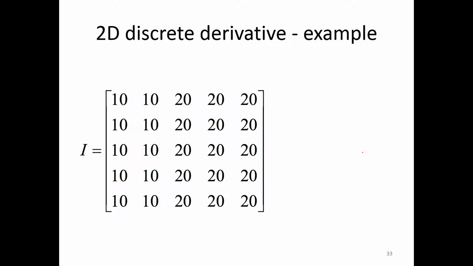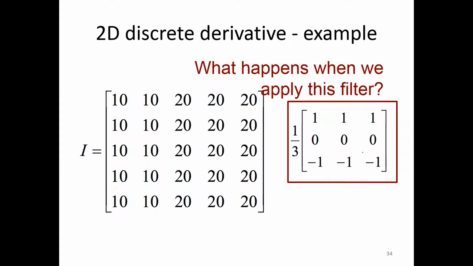And so to give a concrete example here, let's say I have a filter like this. What do I get from this image? Of course, this is a very small image, only 5 by 5.